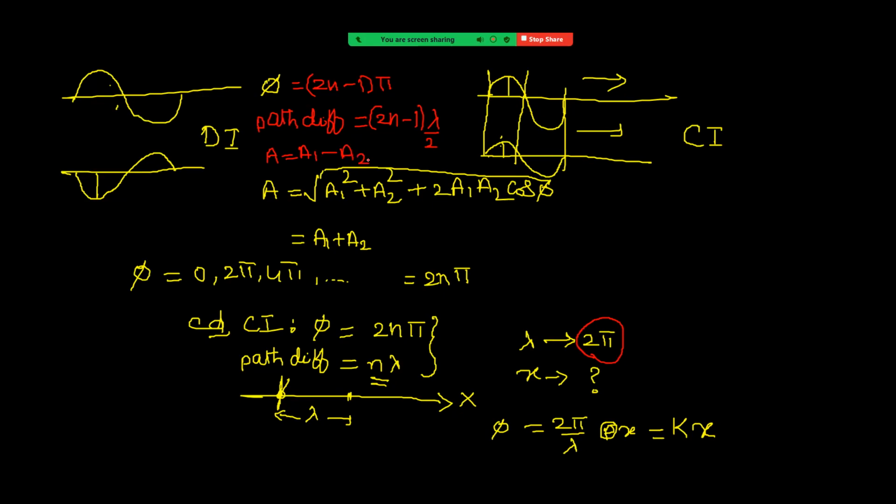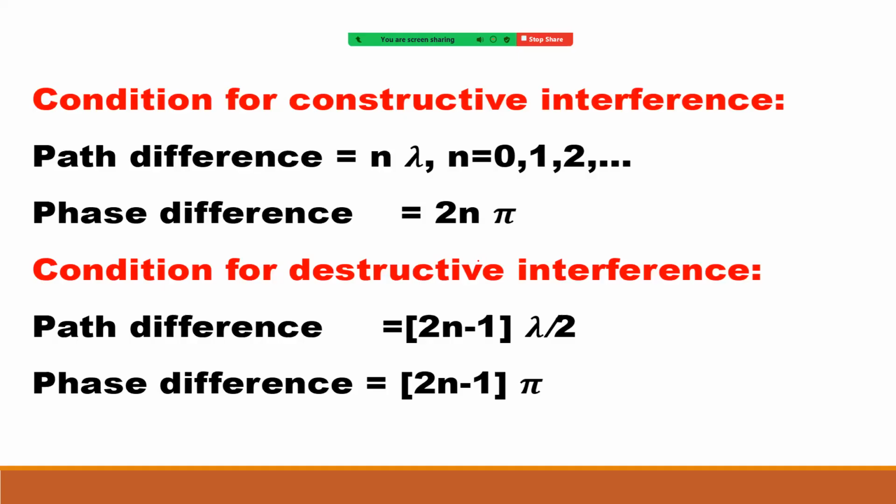Means if you take A1 greater than A2, it is A1 minus A2. When it is constructive interference, amplitude will be A1 plus A2. Right? So you can take notes here.